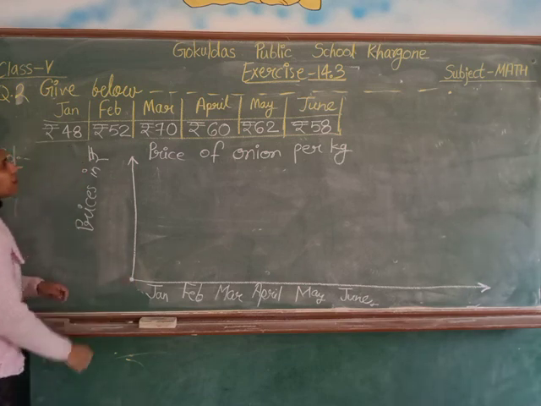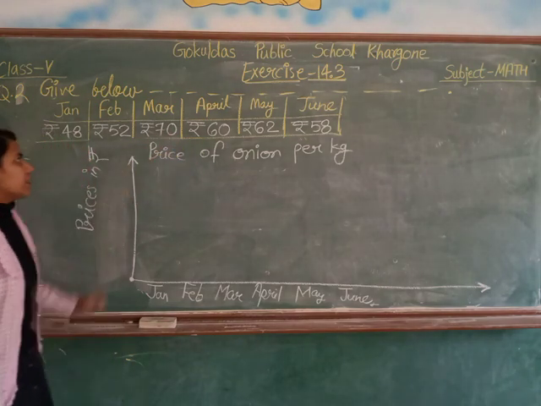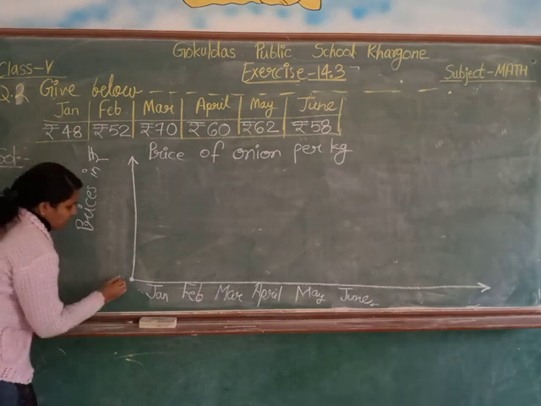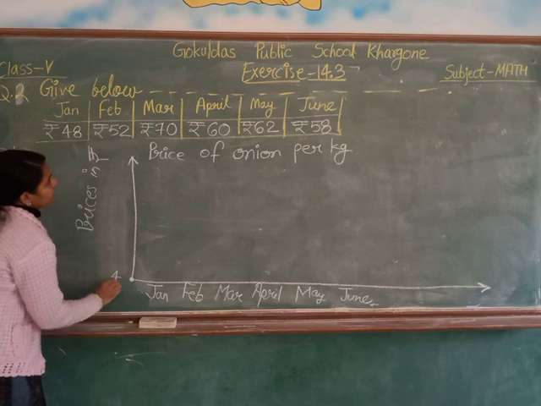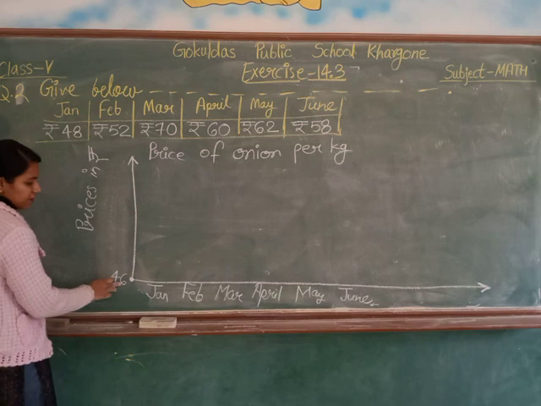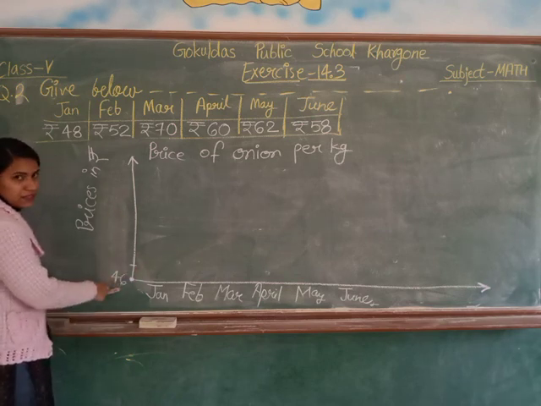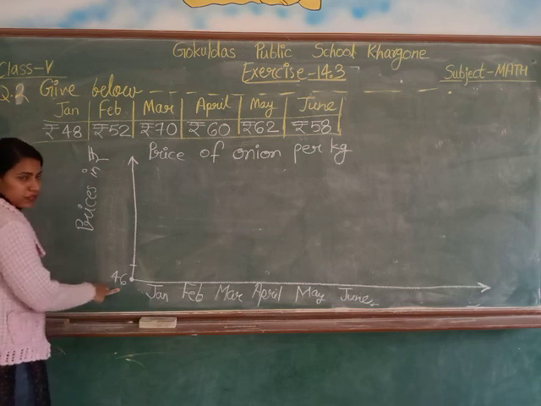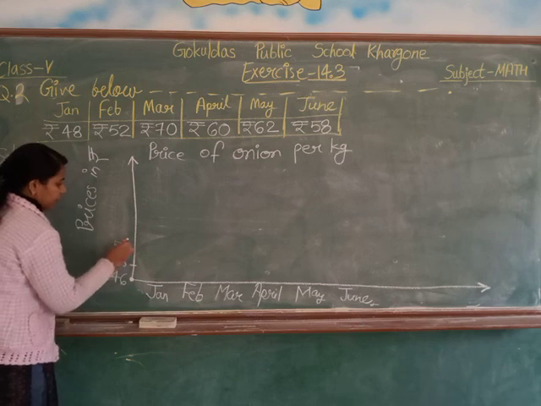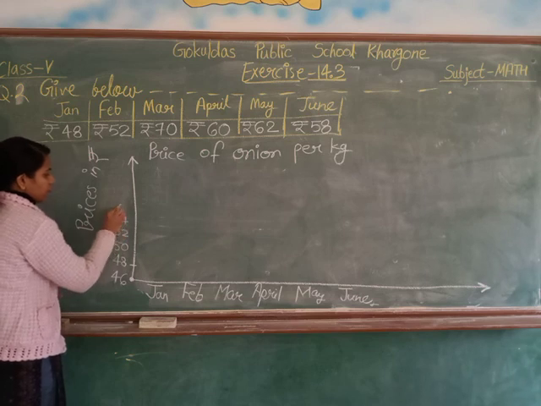Now, as the given data starts from 48 and the highest number is 70, I think we can take the reference from 46. As I don't have much space, I am taking the reference point at 46. Now 48, 50, 52, 54, 56.